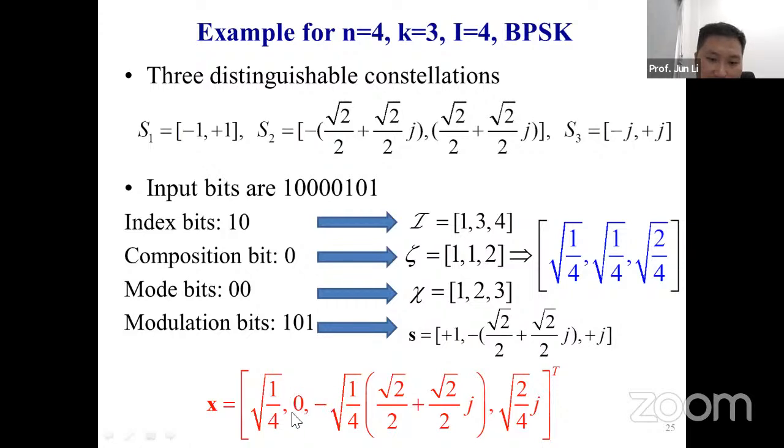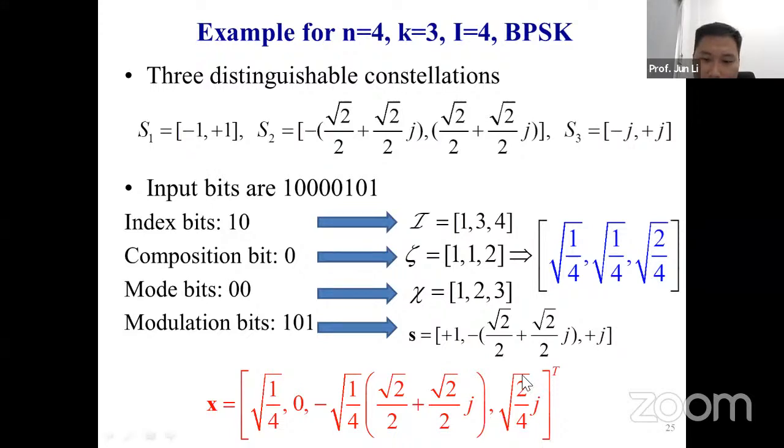The second subcarrier is not used, right? 1, 3, 4. So the second subcarrier is 0. Third subcarrier is this one, right? This is the third subcarrier, and we multiply the corresponding energy coefficient or power coefficient square root of 4/1. Then we will have this form. This is the transmitted symbol at the third subcarrier.